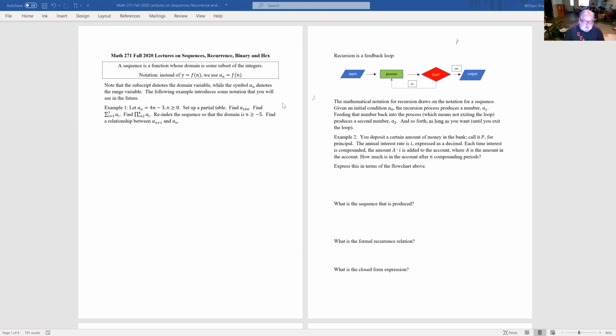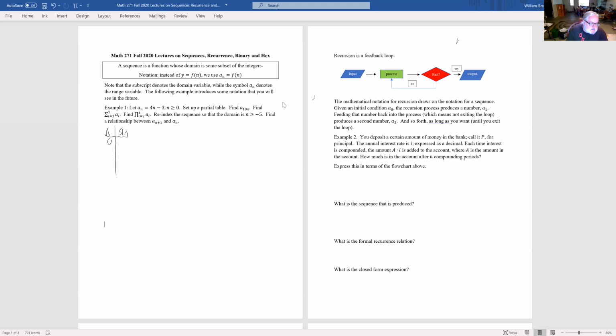So set up a partial table. What's a partial table? Well, it's just the usual table you'd set up for x and f of x, except now we've got n and a of n.